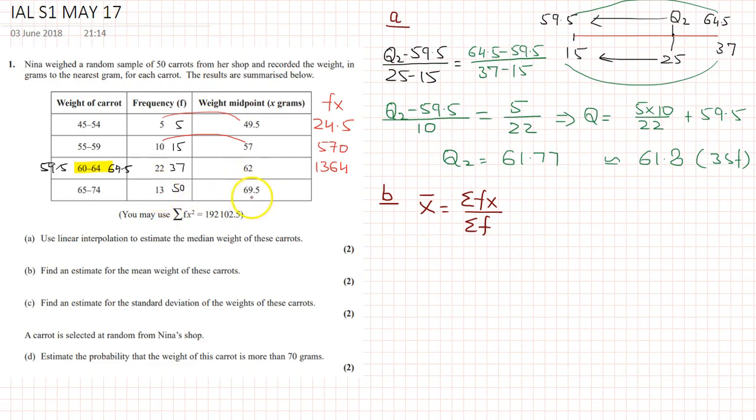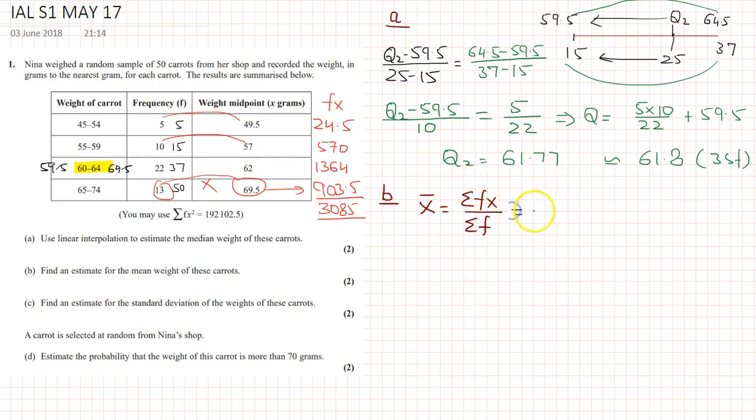And 13 multiply 69.5 is 903.5. So this sum is 3085.